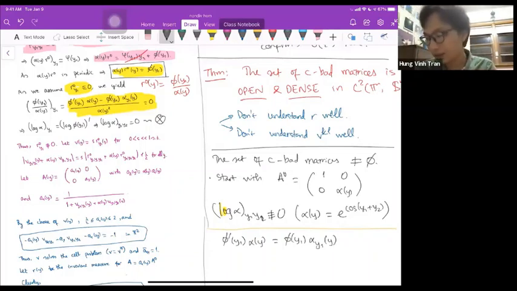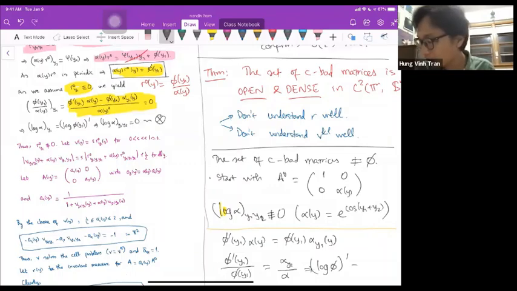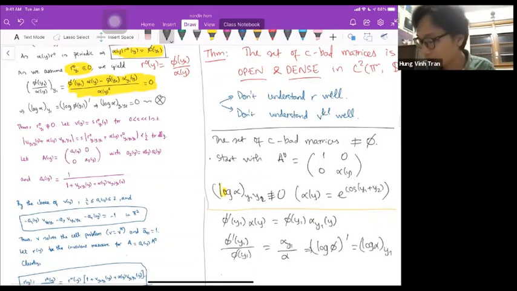And again, everything is positive. Alpha and phi are positive, so you can just write phi prime of y1 over phi of y1 equals alpha y1 over alpha, right? So that allows me to conclude that the log of phi equals the log of alpha in y1, and since phi depends only on y1, that allows me to conclude that the gradient of log alpha in y1, y2 must be 0, and this is a contradiction.